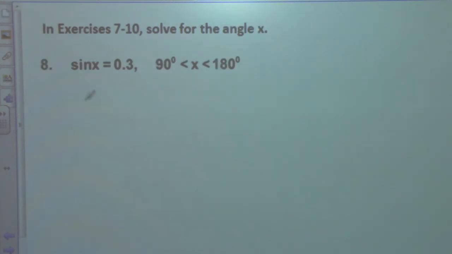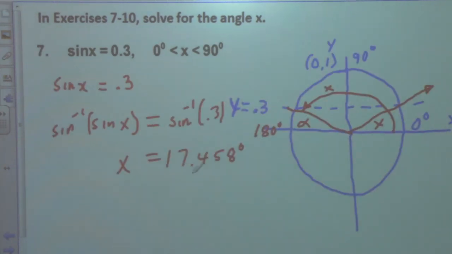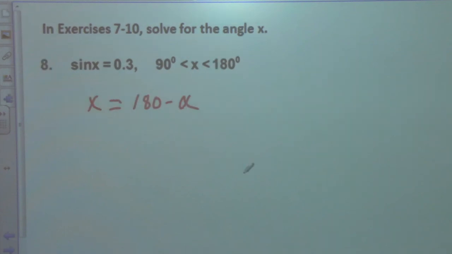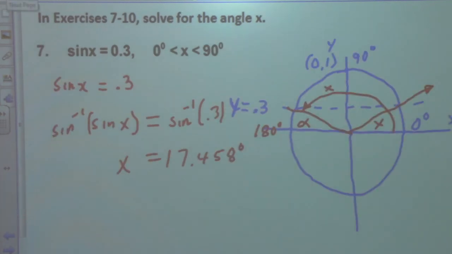So what we have is x is going to be 180 minus that angle alpha, which is the same as angle x in problem 7. So it's going to be 180 minus 17.458.